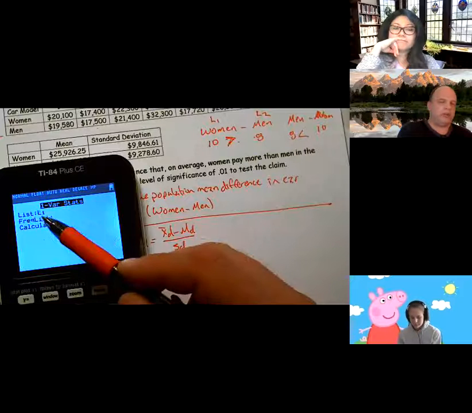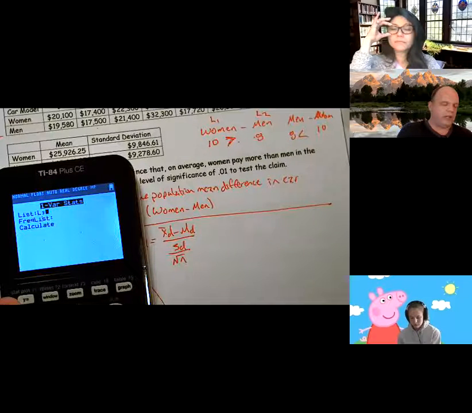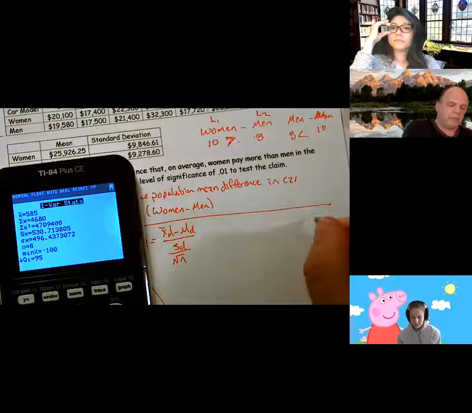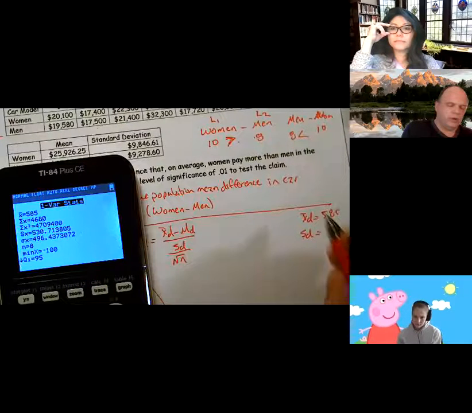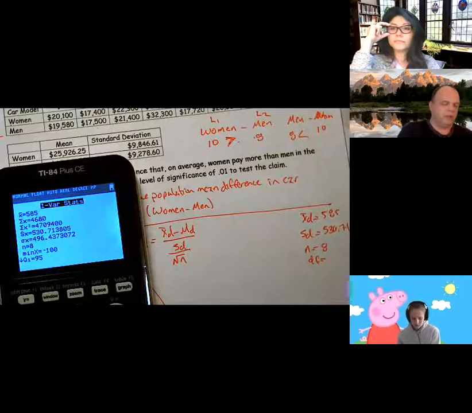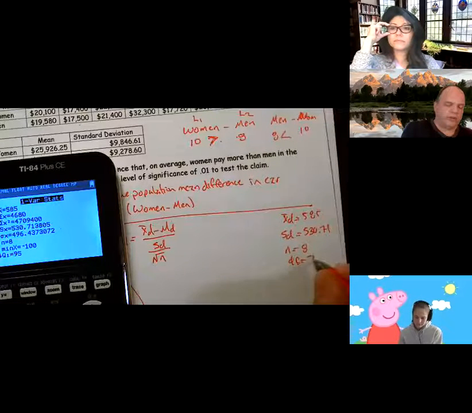My list that I'm interested in is not L1, it's L3. And I end up getting X bar D equals 585, SD equals 530.71. We know my sample size is 8 and my degrees of freedom happens to be 8 minus 1, or 7.